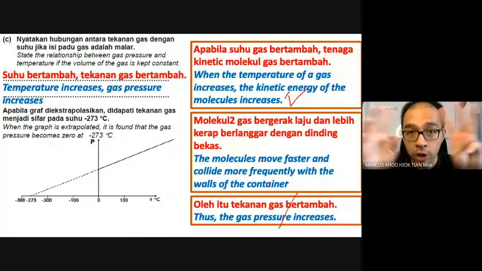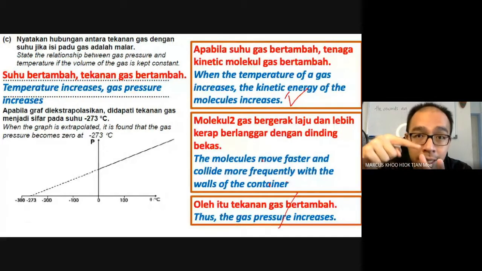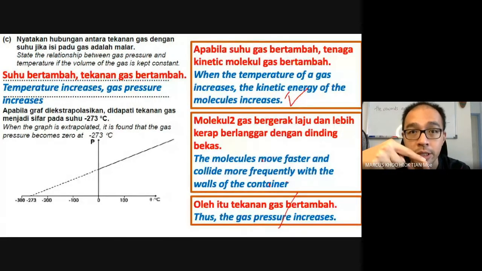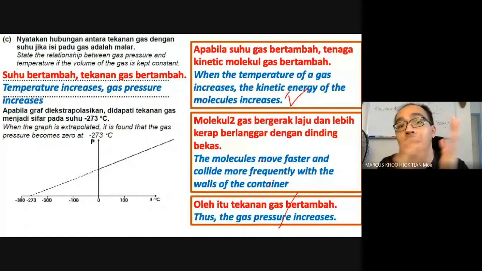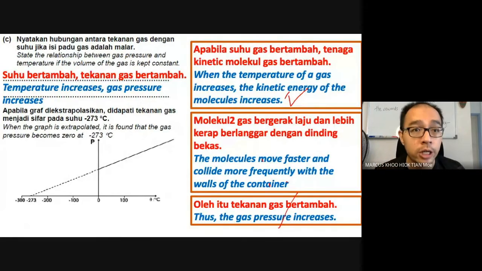Volume is the volume of the container, temperature is the kinetic energy of the molecules, and pressure is the rate of collision. The higher the rate of collision, the bigger the pressure. The more collisions, and the faster the collisions, the more your pressure will increase.